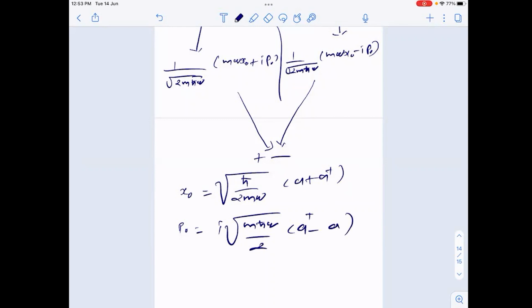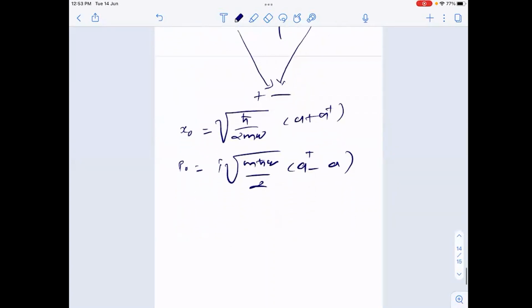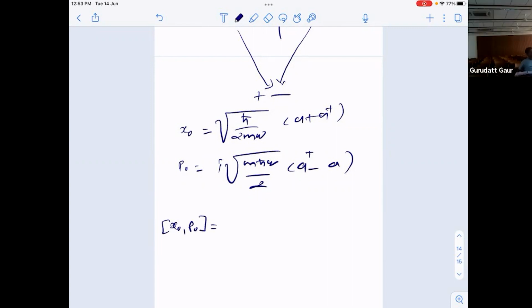Right? So if x0 and p0, if we identify them as operators, because they are dynamic variables, right? And how do we deal with dynamic variables? We consider them as operators, right? That means they should obey their commutation relations. What is the commutation relation between x0 and p0? It is iħ, right?